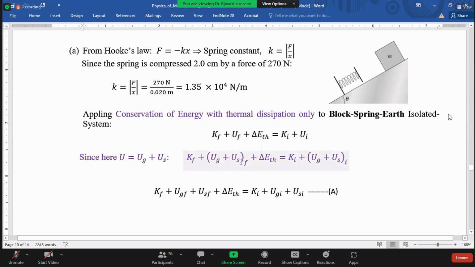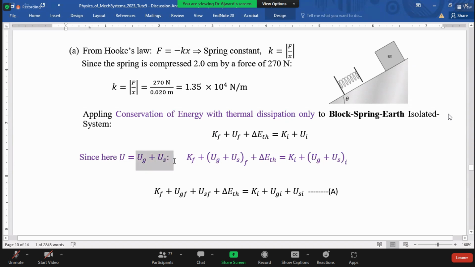The other thing here is that there are two potential energies, that is U. All kinetic energies are the same, right? There is no kinetic, but potential energy, different kinds of potential energy. Here you have gravitational potential and the spring potential.